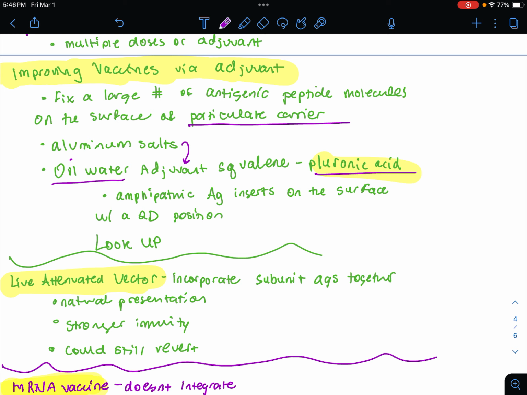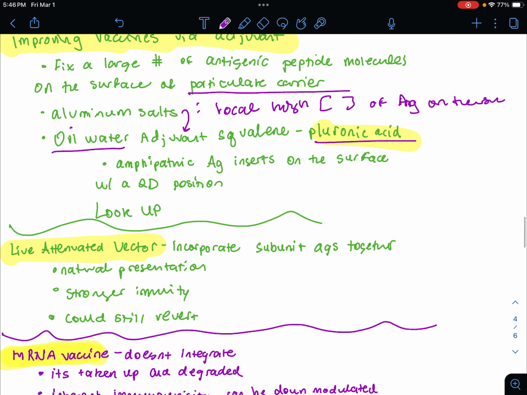The adjuvant, again, is just a substance that enhances the body's immune response. Let me add that aluminum salt. So there's a local high concentration of antigen or immunogen on the surface when you use the aluminum salt adjuvant.